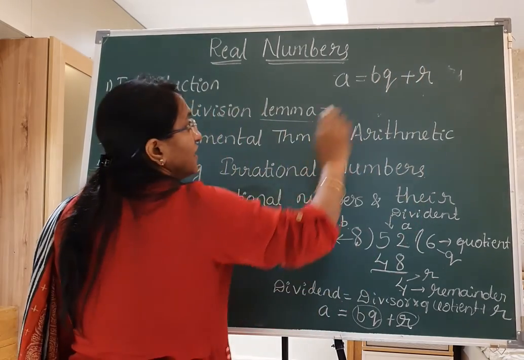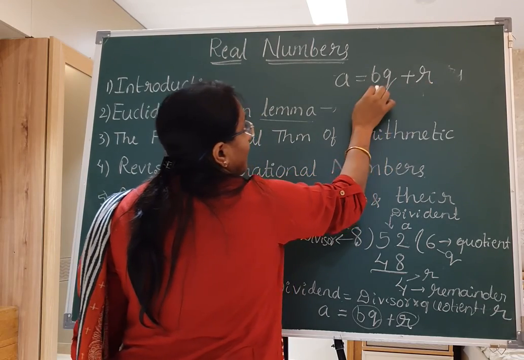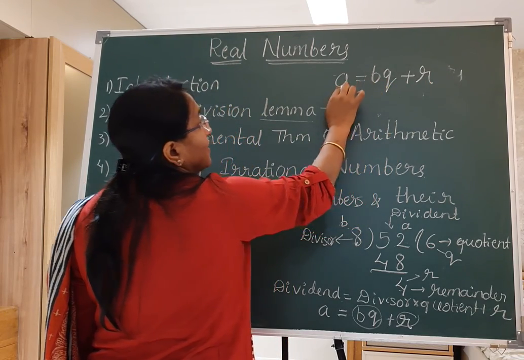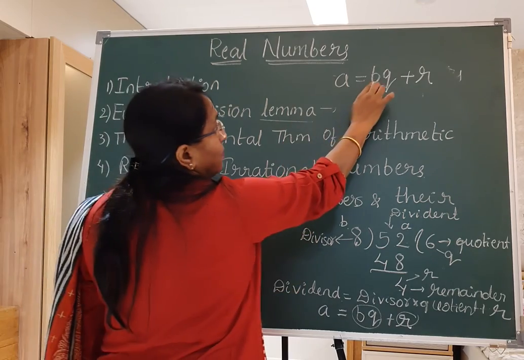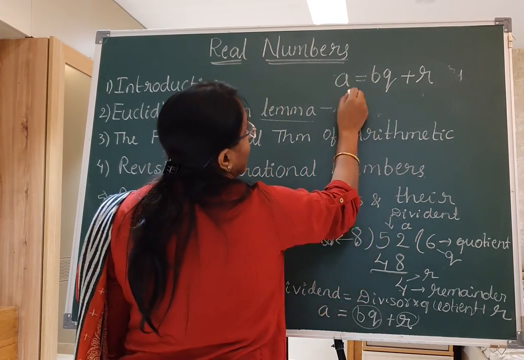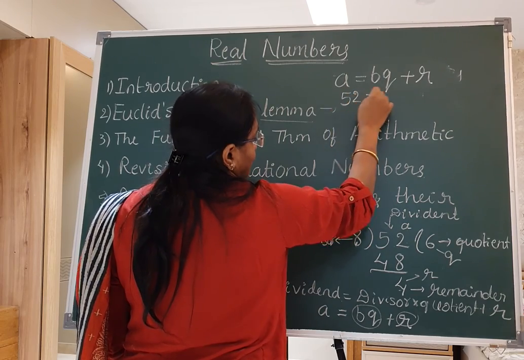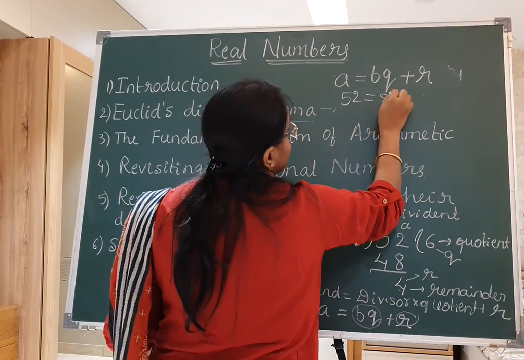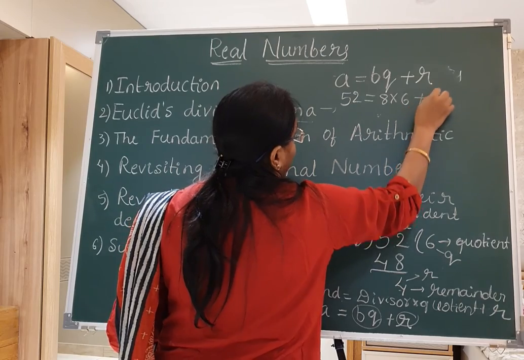Here, if the remainder is 0, then these two will be factors of A. For example, 52 is equal to 8 into 6 plus 4.